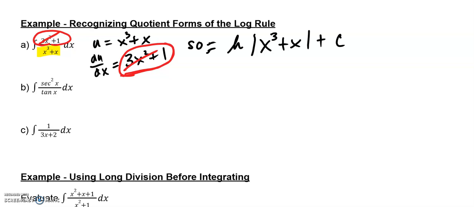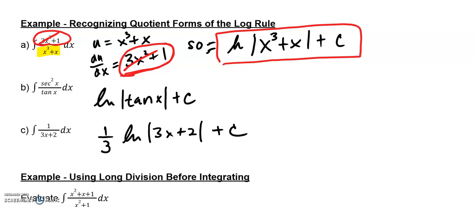So the shortcut is, you know they're going to be canceling out, and it's going to be 1 over u times du after all the substitution. So if you notice that, then you can quickly figure out that the integral is going to be the natural log of the absolute value of x to the third plus x, plus c, because everything else will cancel out. So look for those patterns on the other two, and then come back to the video.